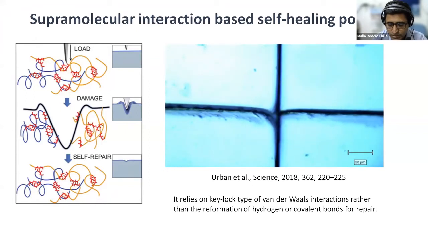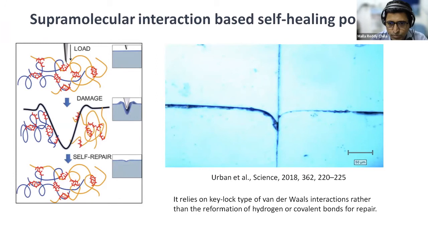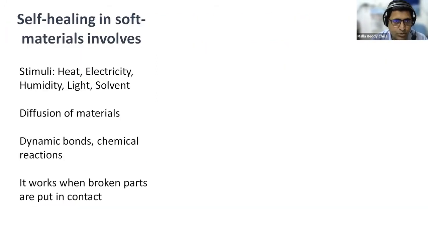So this allows the self-healing here. As you can see, these are all very soft materials, and most of the self-healing materials have been shown to be very soft. If you look at self-healing in soft materials, it mostly involves stimuli such as heat, electricity, or humidity, and sometimes light, solvent, and so on.